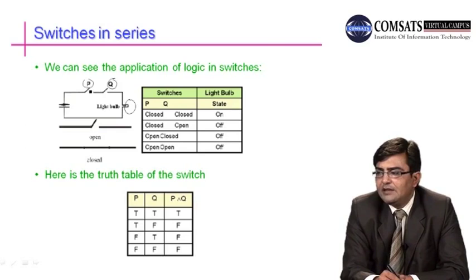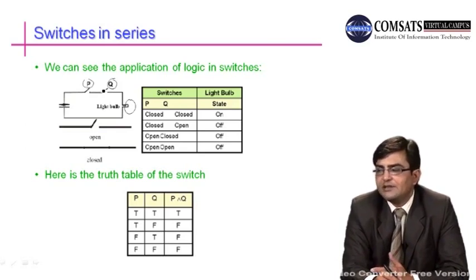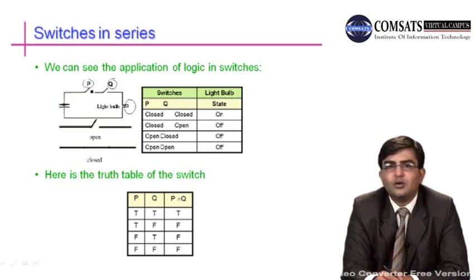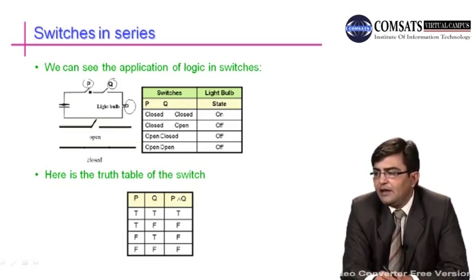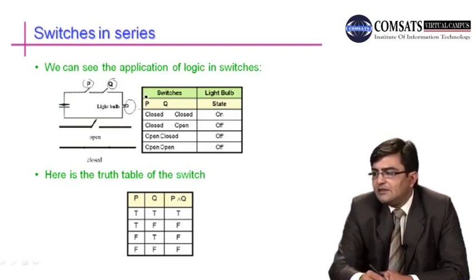If P is closed and Q is closed, these two being simple switches in a room, then the bulb is on. If one of P or Q is open, then we cannot turn the bulb on. So this is an example of a series circuit.